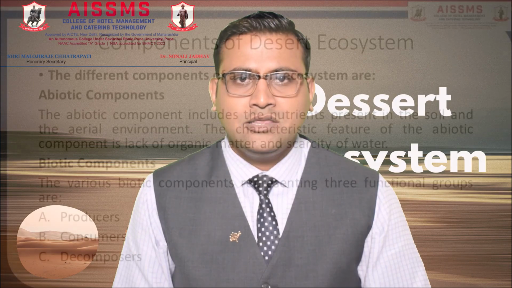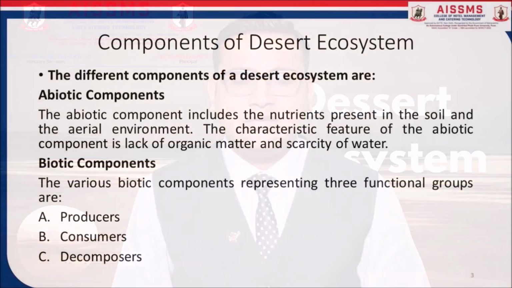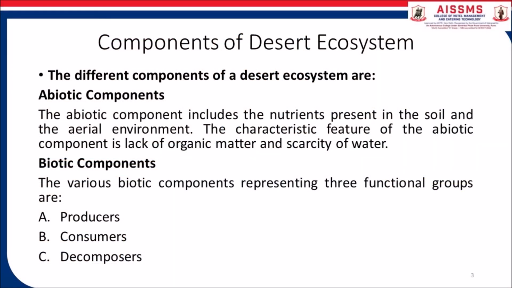First one, the components of desert ecosystem. As we all know, the different components of desert ecosystem are abiotic component and biotic component. Abiotic component: the abiotic component includes the nutrients present in the soil and the aerial environment.